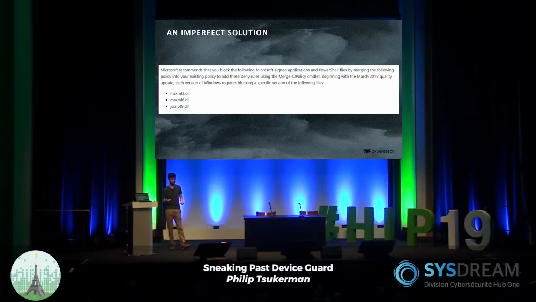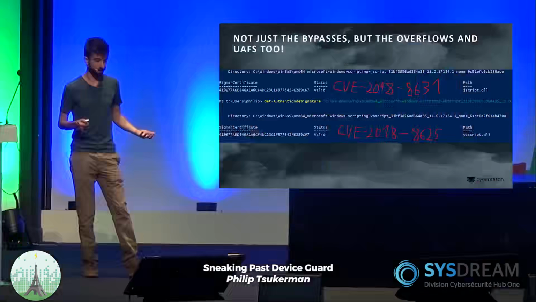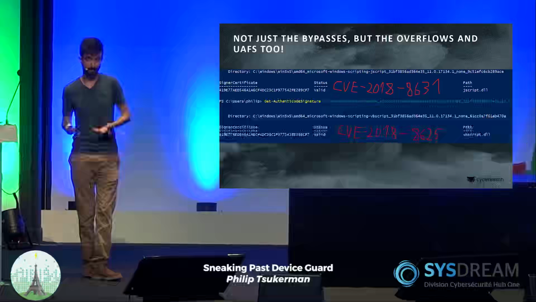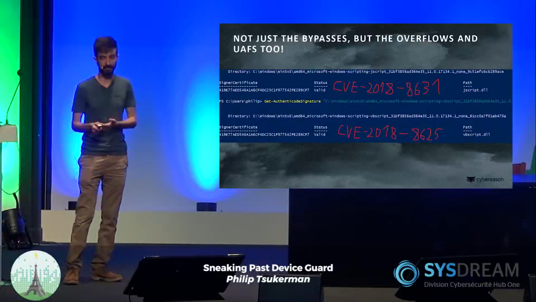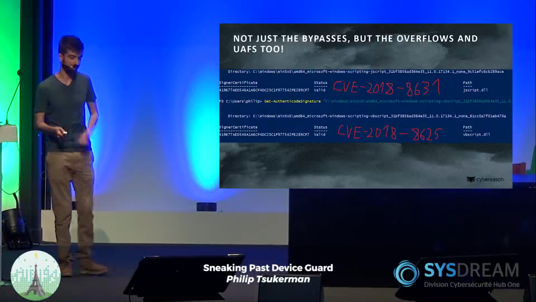elegant solution because there's a systemic problem with device guard that this was only one example of, meaning that when you update and patch a device guard vulnerability, in some cases the vulnerable code will still be usable, and you could use code execution vulnerabilities that were patched as device guard bypasses.